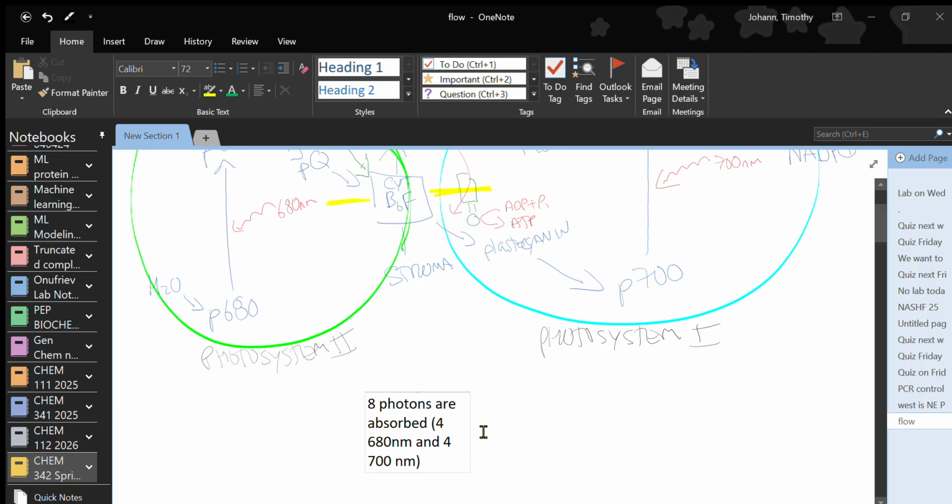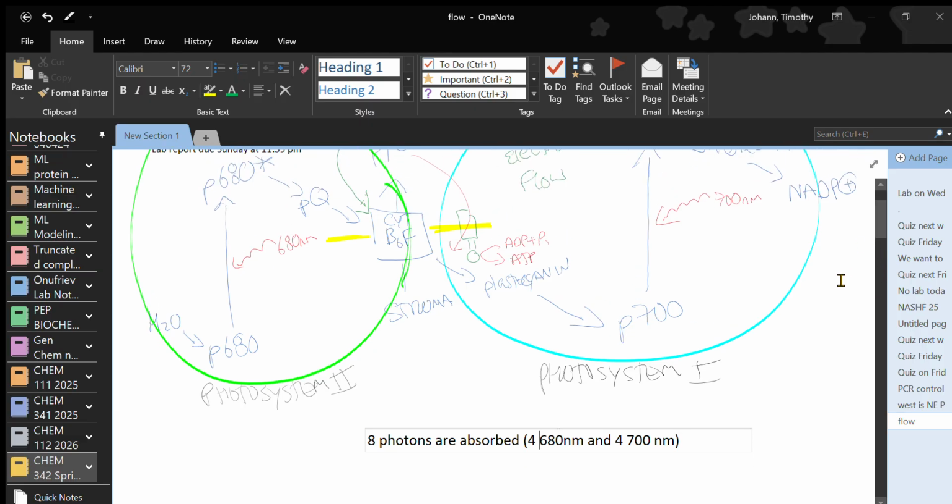So how many electrons are we moving through this process? If I'm talking about 4 680 and 4 700, and those are 1 electron processes, we're going to do this 4 times. So it's not going to be 8. Do this 4 times for 4 electrons and this 4 times for those same 4 electrons as they move through. So 4 e minus.